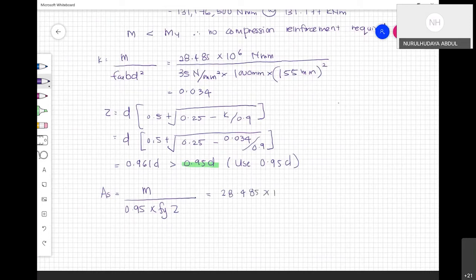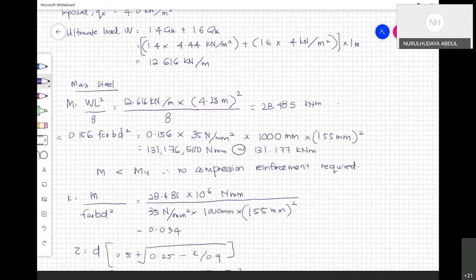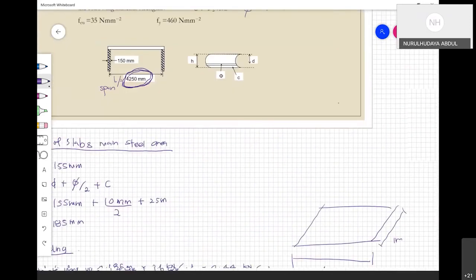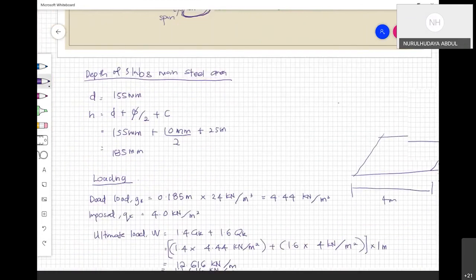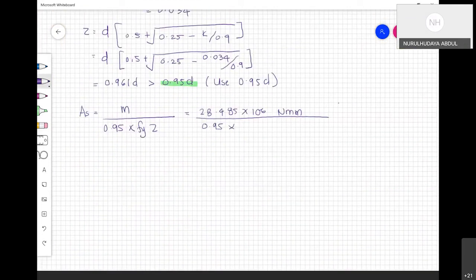28.485 Newton milimeter bahagi FY kita berapa? Okay, dalam soalan bagi it is 460. Okay, jadi kita pakai 460 bukan 250 macam example sebelum ni.